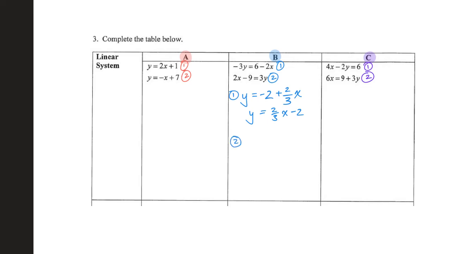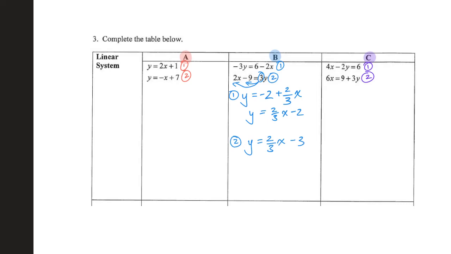To get the y all by itself in that one is a little more direct. I just have to divide out a +3. So I get y equals 2/3 x minus 3. There we go. So hopefully that matches up with what we've got. And we would now be able to go down and complete the slope and the y-intercept.